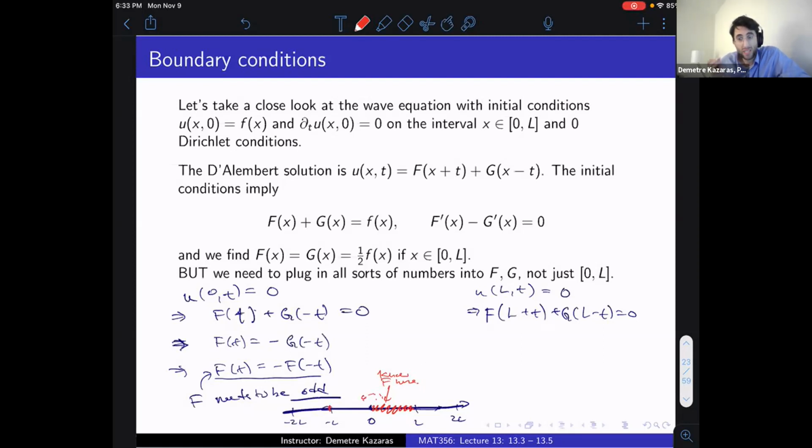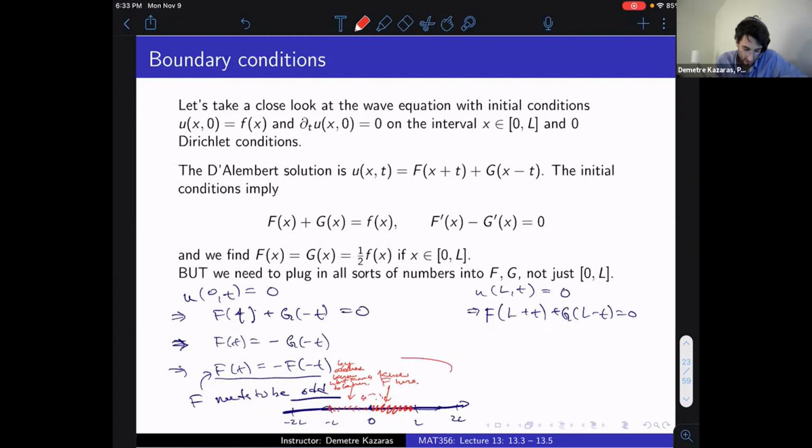Because we know it needs to be odd, by oddness, we know what f needs to be here. It needs to be minus f of negative whatever number I'm plugging in between minus L and 0.